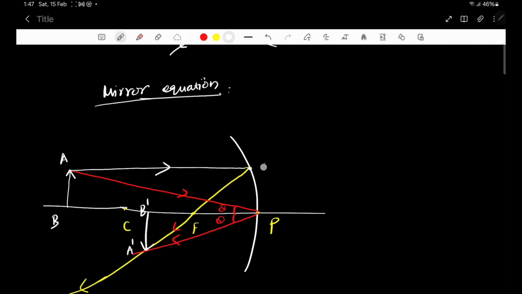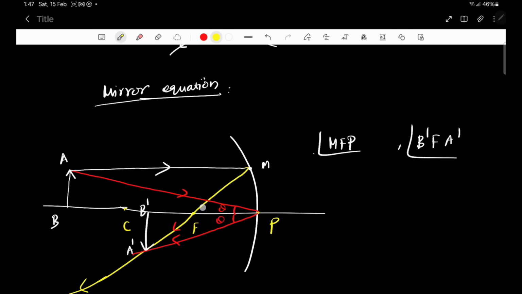Let me call this point M. The MP can approximately be treated as a straight line, even though it is a curved one. So if you consider the MFP triangle and the B dash F A dash triangle, consider these two triangles. These two triangles are similar triangles, right?